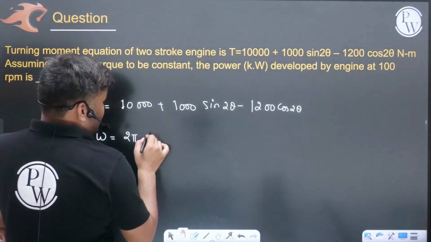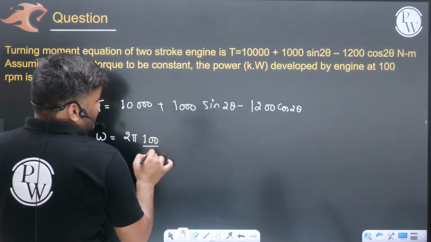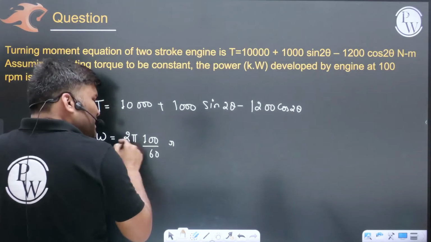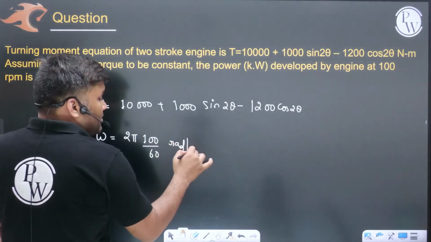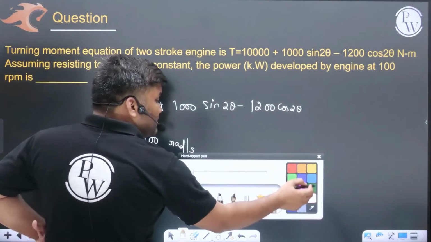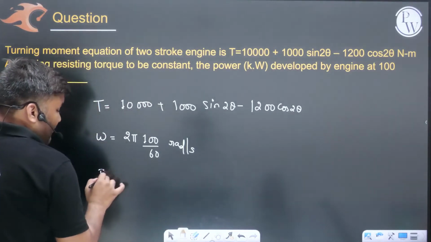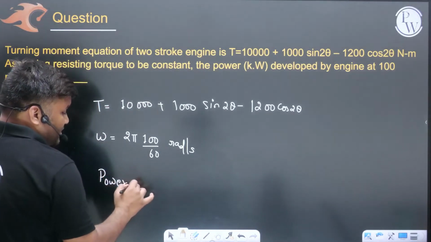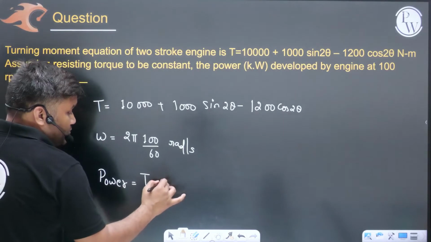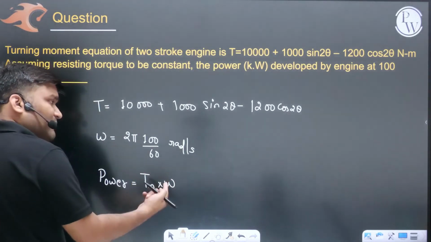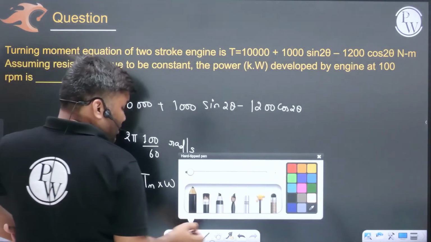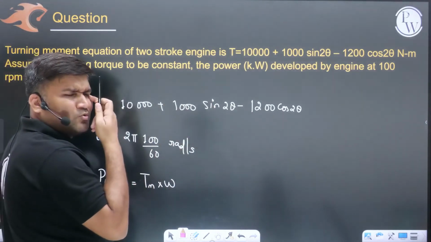But how much is n? 100. 2 pi n by 60. This is mean speed in radian per second. Power पूछिए ना. How to calculate power? अरे बेटे, power of the engine is equal to mean torque into mean omega. निकाल लीजिए. Mean omega की value they have given. Mean torque, what is the mean torque? अरे यार, in this equation no need to solve.